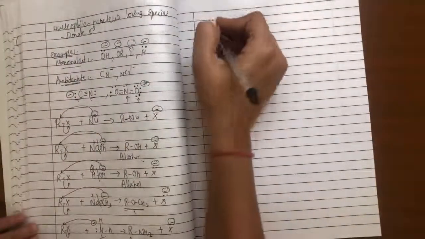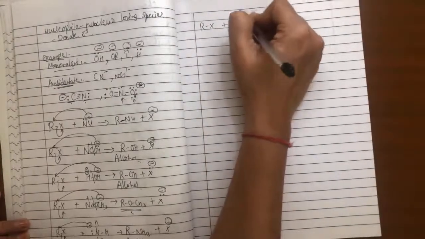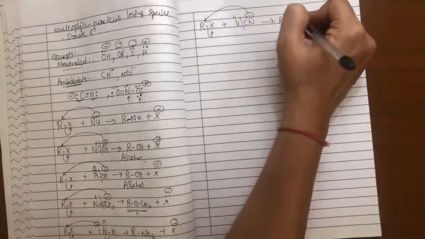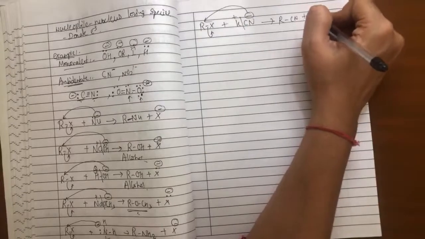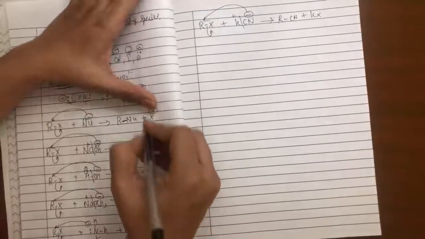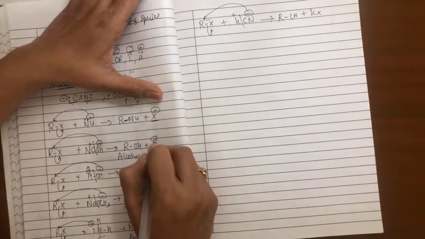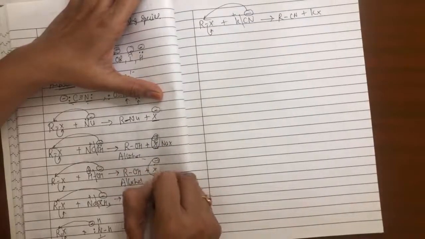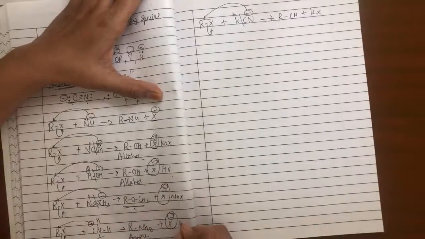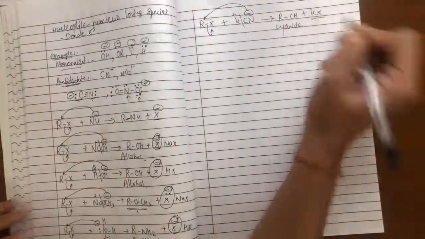Same way, if I have RX plus KCN, K plus and CN minus, bond electrons transfer over here, the product formed is RCN plus KX. Here the X minus gets attached to the metal or H plus, so the product is NaX, HX, and here KX. The main product formed is cyanide.